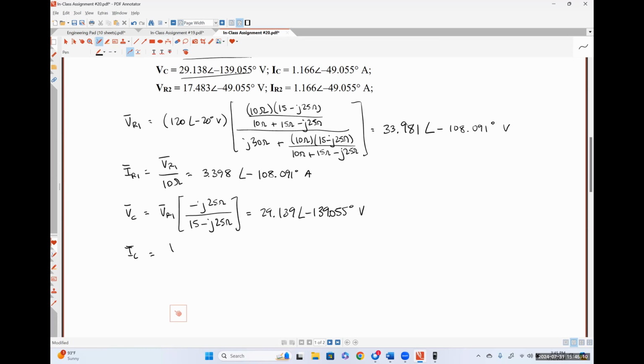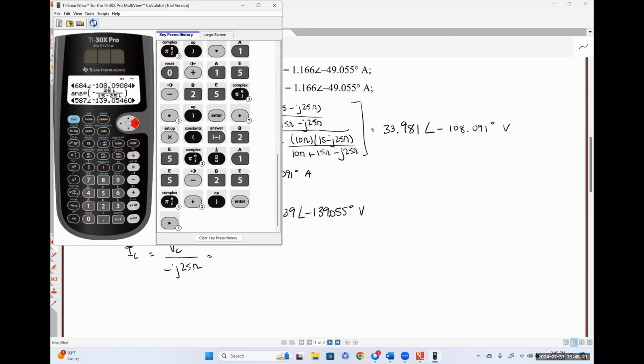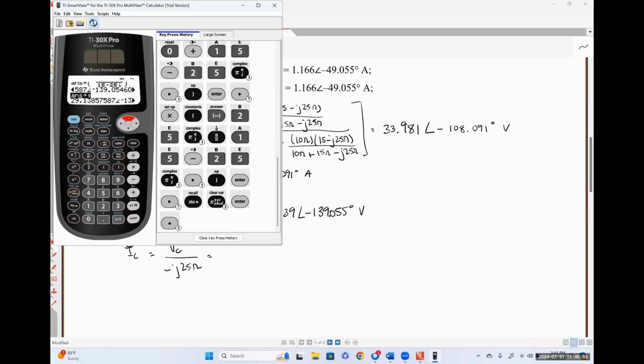So that would just be whatever VC is divided by the impedance of our capacitor, which would just be negative J25 ohms. Can't do that one quite as easily as in my head. Let me store that as X just so we can use it again in a moment. Actually, let me store that as Y. Let me go back up here.